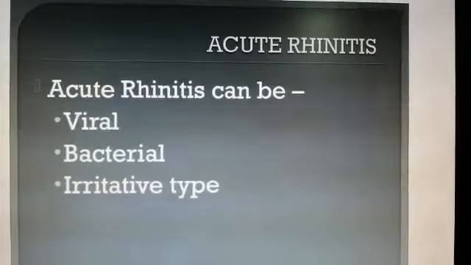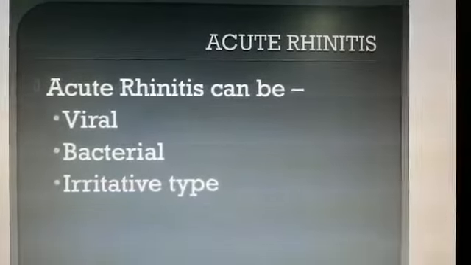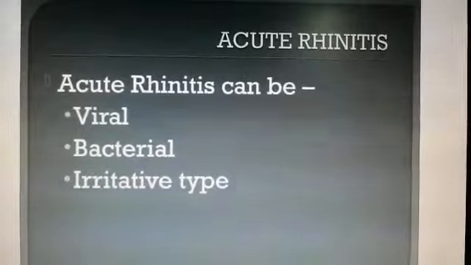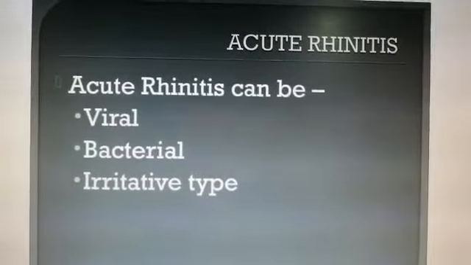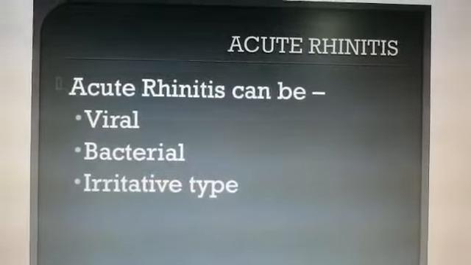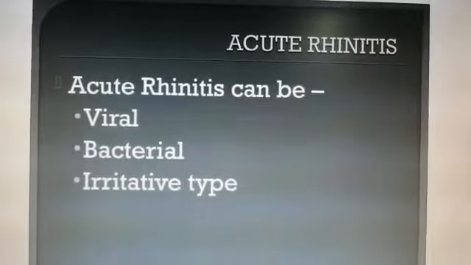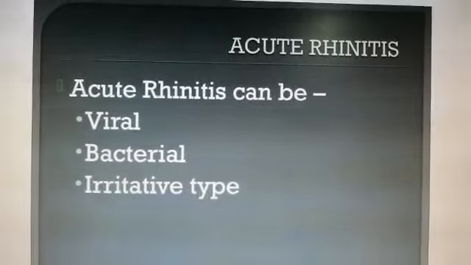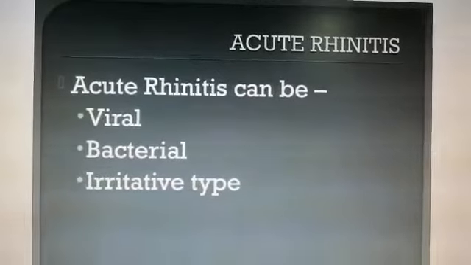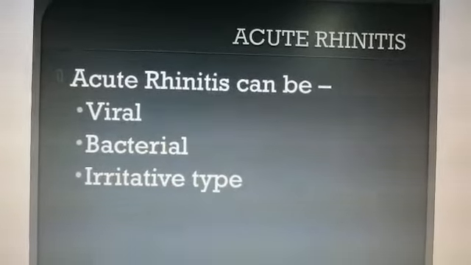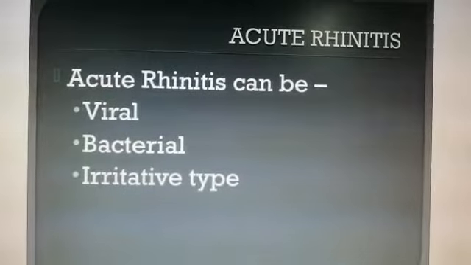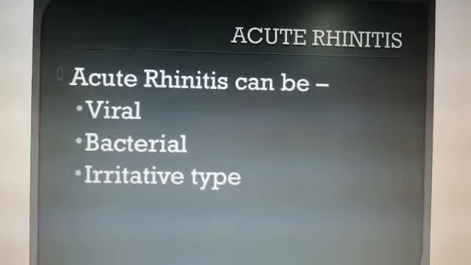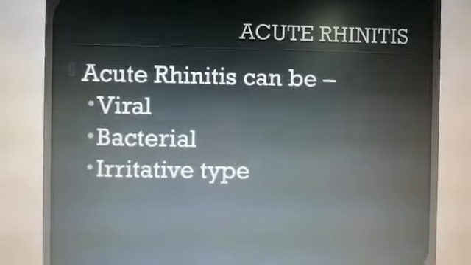In contrast, chronic rhinitis would be any inflammation or infection of the mucous membrane of the nose and paranasal sinuses lasting for more than 4 consecutive weeks. This is the basic difference between acute and chronic conditions. Please bear it in mind. The duration is very important because it defines the acuteness or the chronicity of the condition.